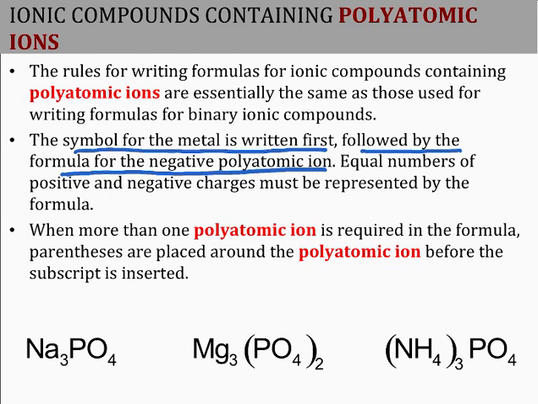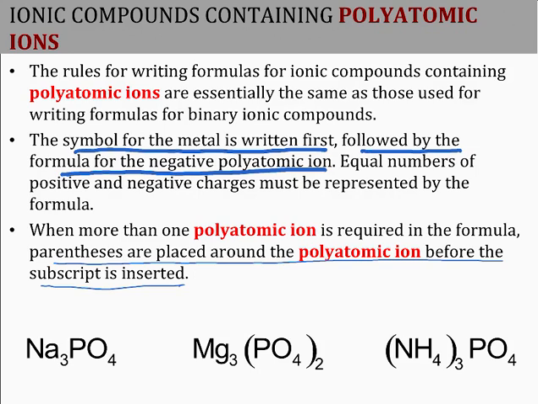Now, when more than one polyatomic ion is required in the formula, parentheses are placed around the polyatomic ion before the subscript is inserted. But you only need parentheses if you have more than one of the polyatomic ion. If you only have one polyatomic ion, you don't need the parentheses.